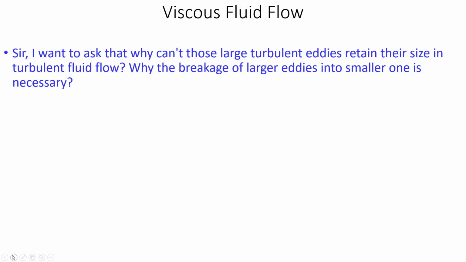Due to that inertia effect, these large turbulent eddies split into smaller eddies, and kinetic energy is divided. This process creates structures that are small enough that molecular diffusion becomes important, and so viscous dissipation takes place. So due to this inertia term, these large turbulent eddies cannot retain their size, and they split into smaller eddies.